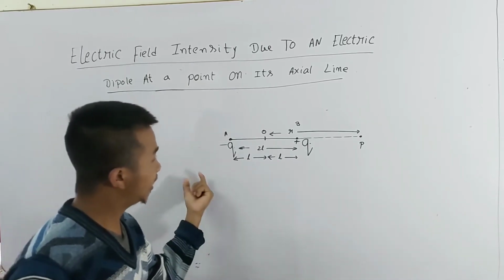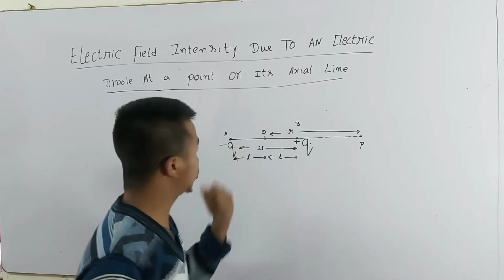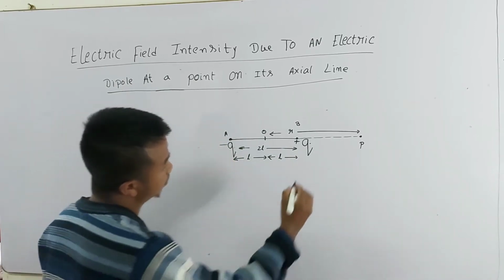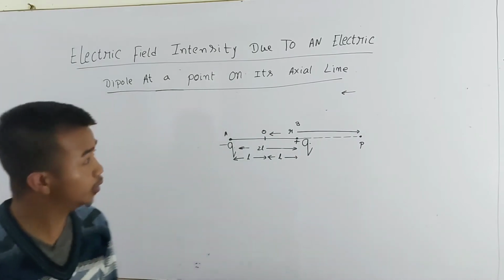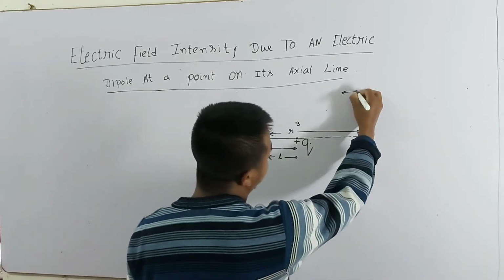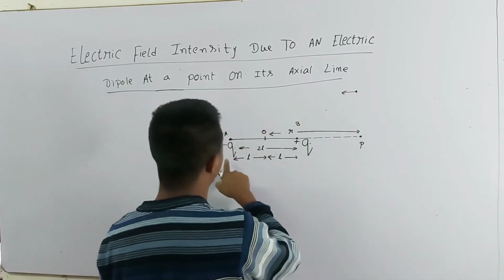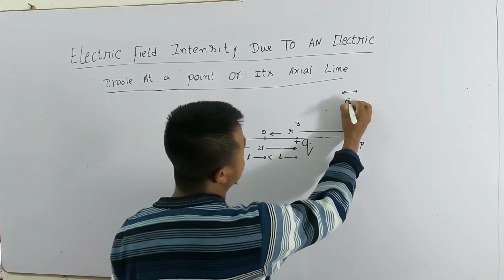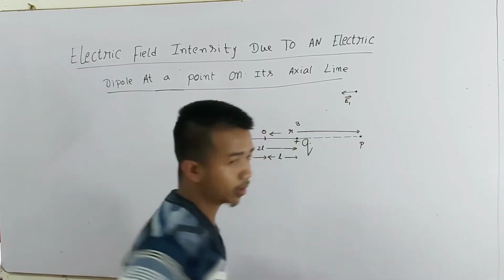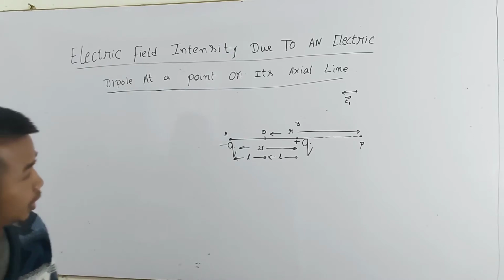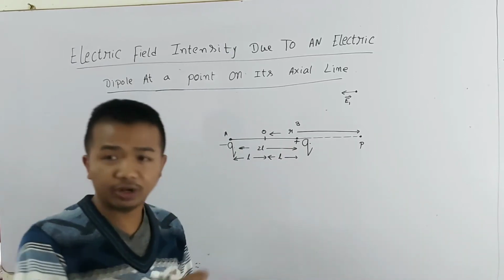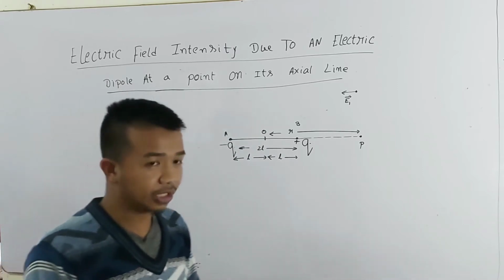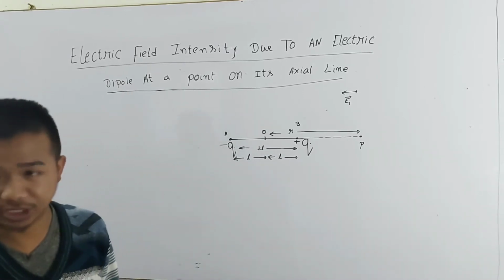The electric field at point P due to minus Q at A is E1, in this direction. Why? Because the direction of the electric field is radially inward for minus Q.